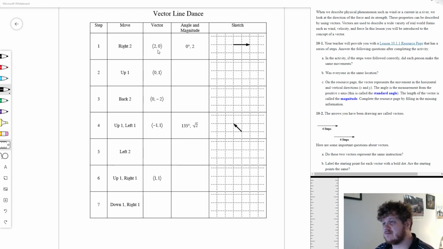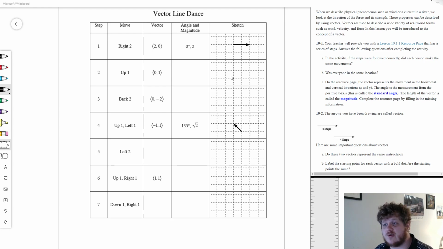So to start us off, we're going to go through this vector line dance. I encourage you, if you want to test it out, to take this time to pause and attempt these vector line dances on your own. For the sketches, I would suggest choosing a starting point in your notebook and creating a different sketch for each of these numbers.